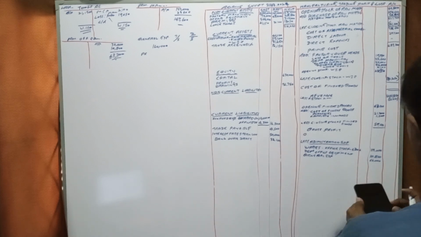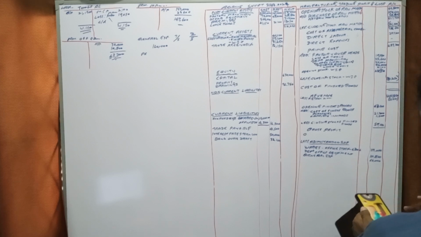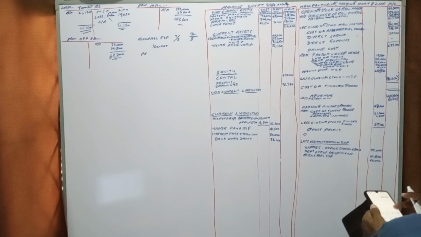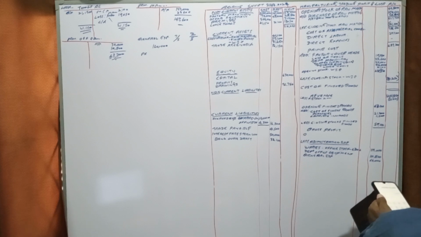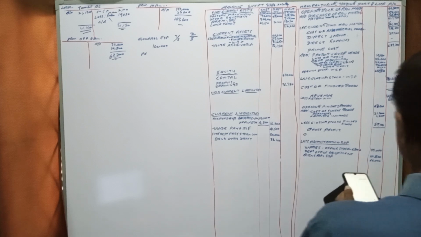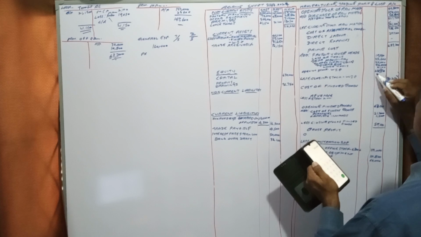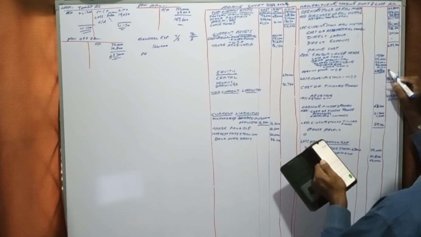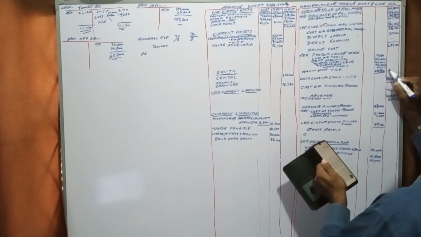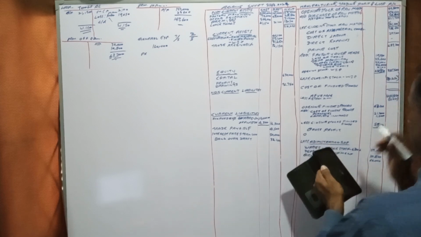And factory overheads, right: 19,050 plus 25,600 plus 164,000 plus 96,000 plus 2,100 plus 28,750 comes to 335,500, right?